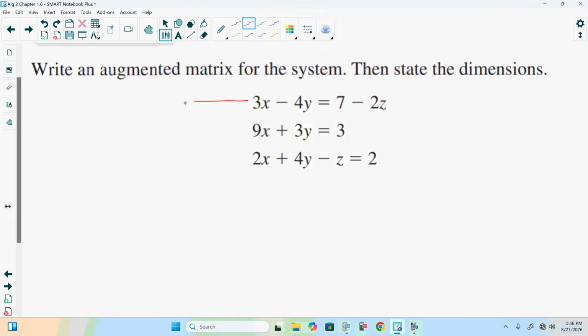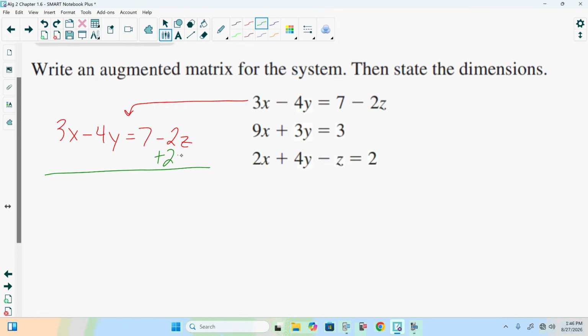So, let's pull it over here. We have to move that Z from the right-hand side to the left, from the right side of the equal sign to the left. How can we do that? We can add 2Z to both sides. We can just add something to both sides.